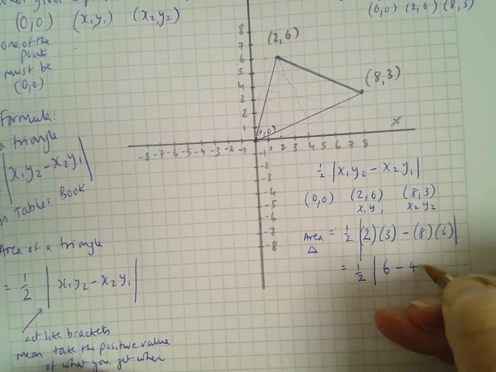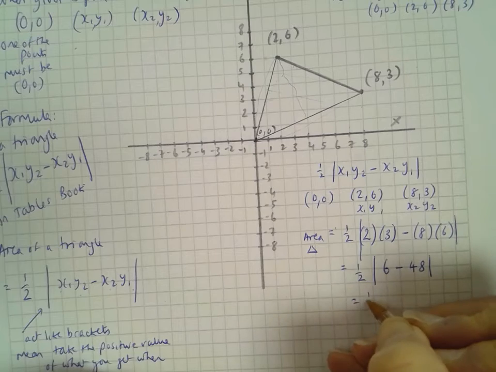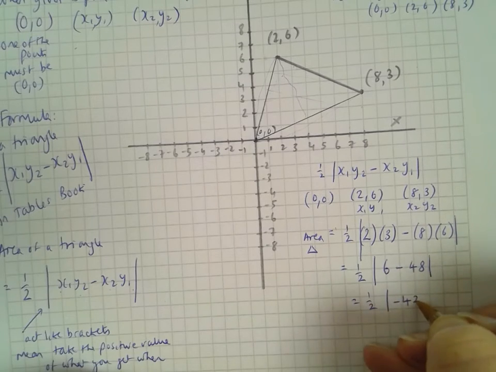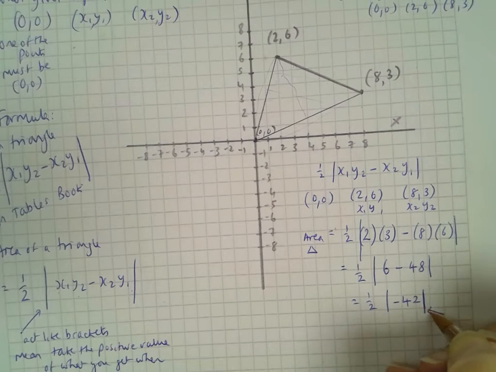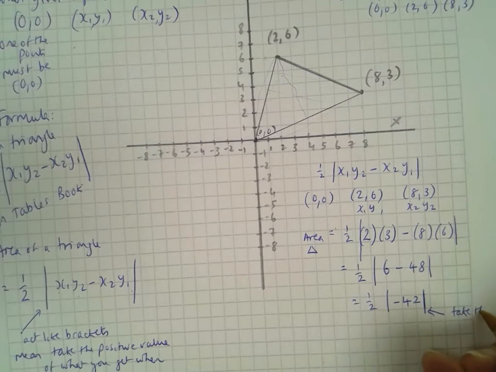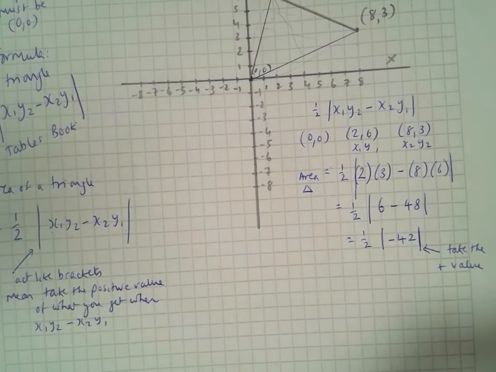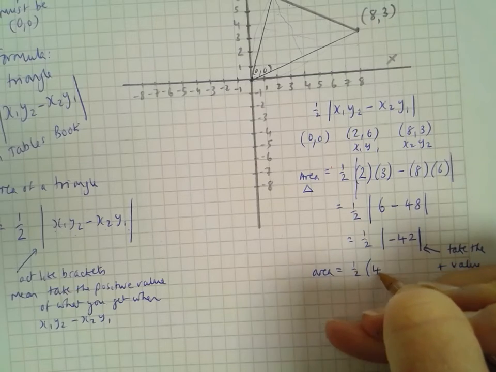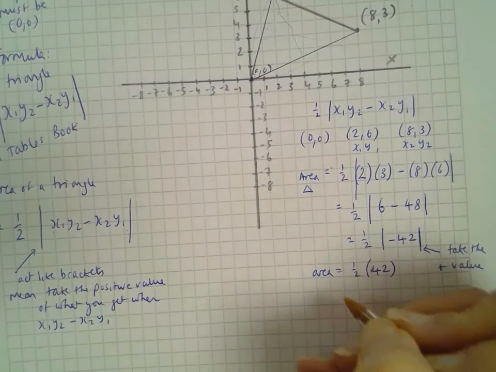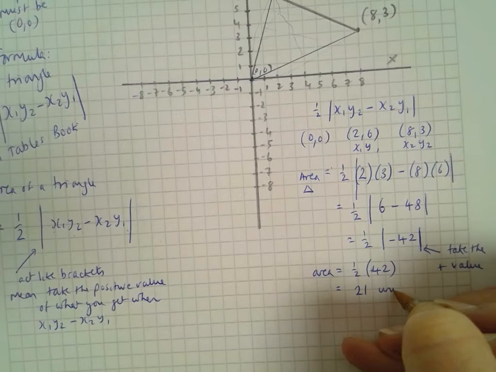So 6 minus 48, which is a half of minus 42. And this is where these straight lines come into play, because remember, they mean take the plus value. So we say that the area is a half of plus 42, which is 21 units squared.